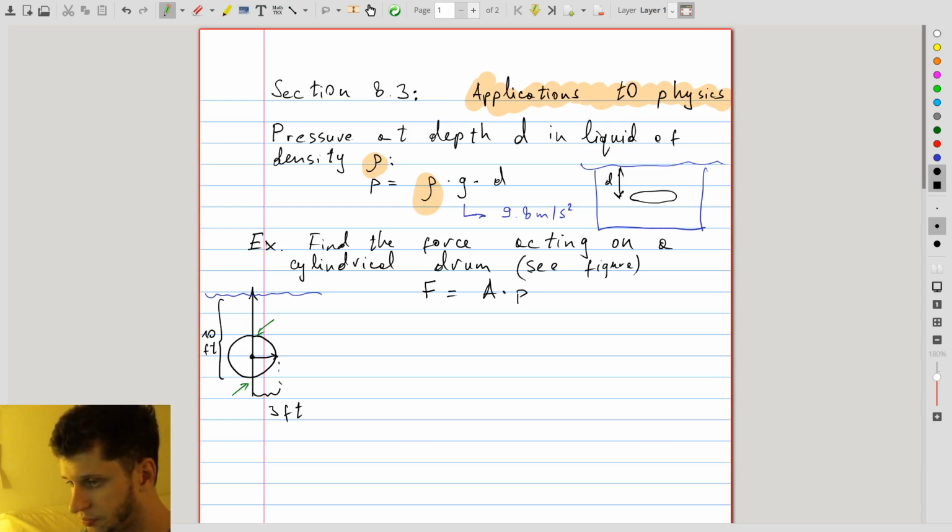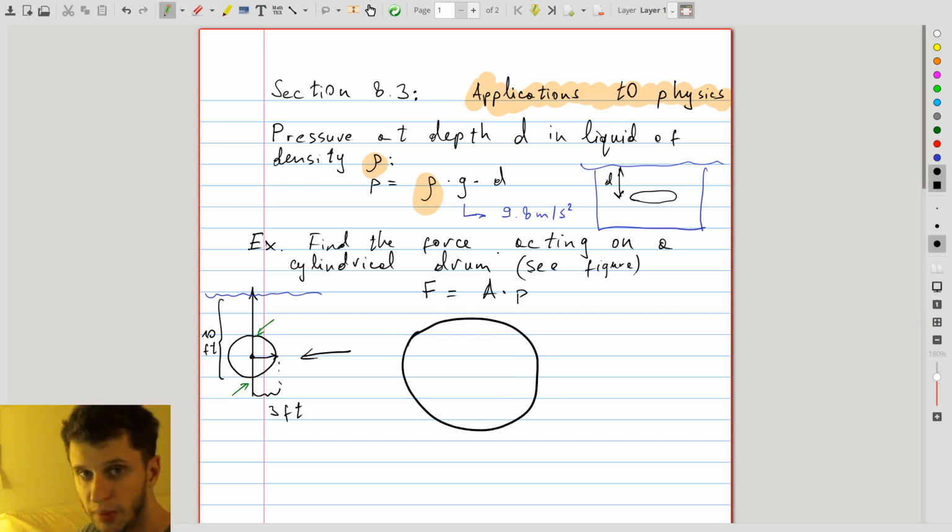Now, in this context, we will think of this drum here. I have a zoomed in view of a circular drum, and because depth changes vertically, it makes sense to consider the vertical axis. So here I am going to introduce the vertical axis.